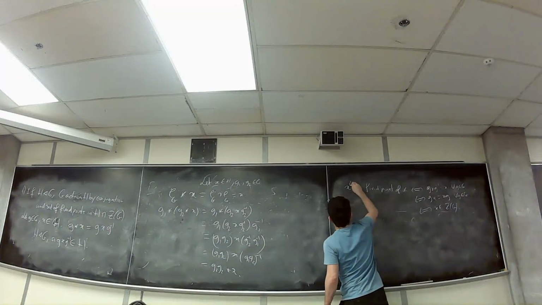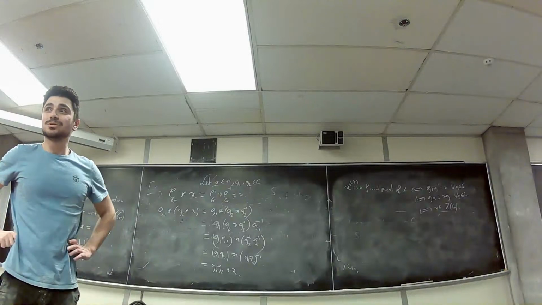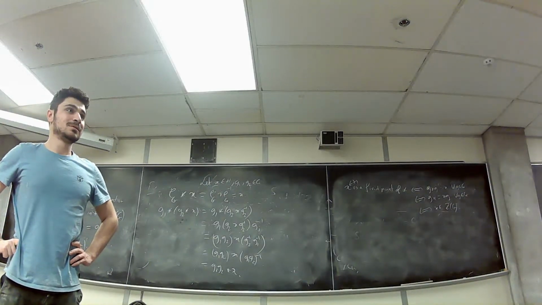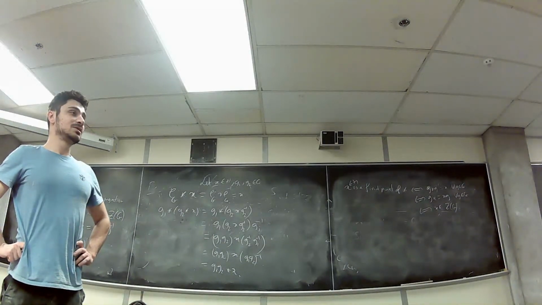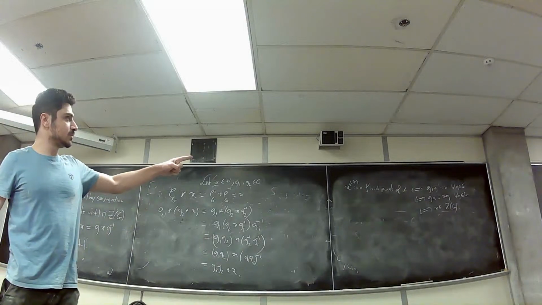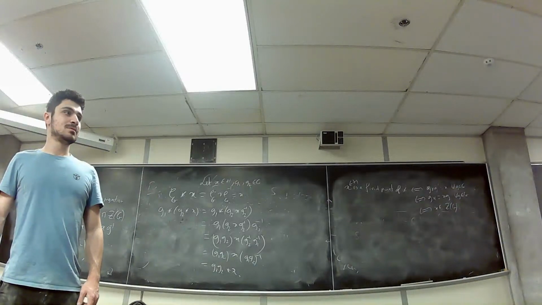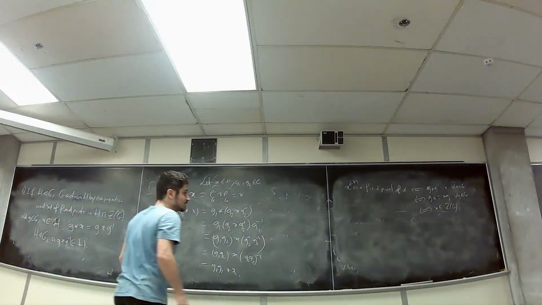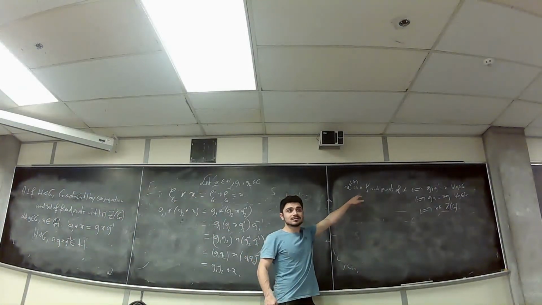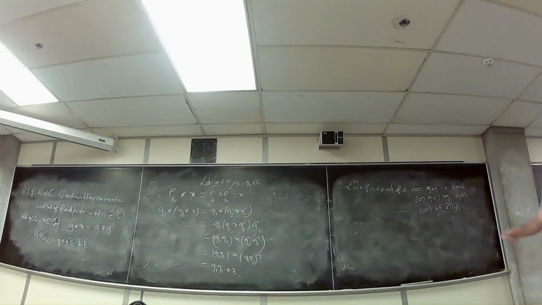Here we just say x is in H. x is a fixed point of star if and only if g x g inverse equals x for all g in G. So x in H is a fixed point if and only if x belongs to Z(G).